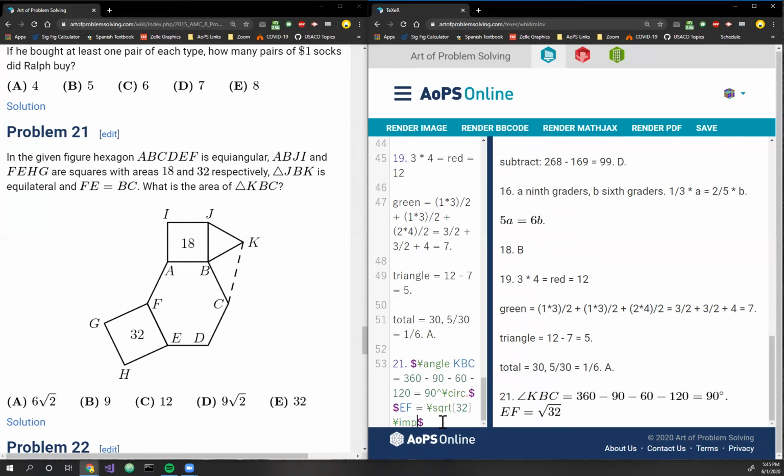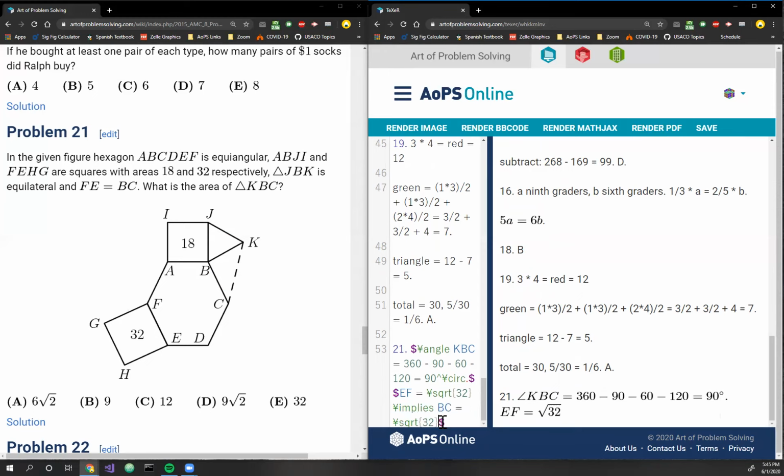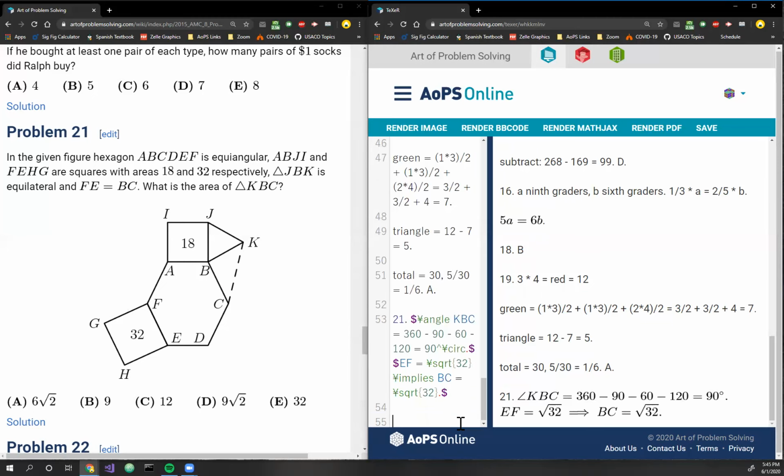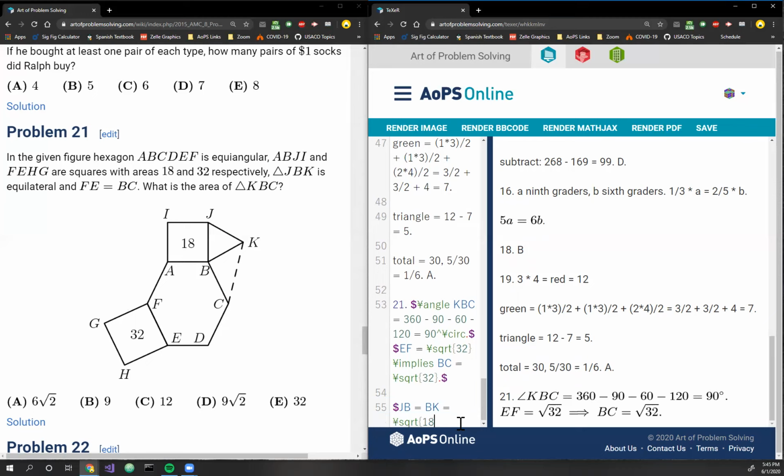And this basically means that BC is also the square root of 32. The reason for this is it's a property of equiangular hexagons that opposite sides are equal. So we also know that JB, which is equal to BK, is equal to square root 18.